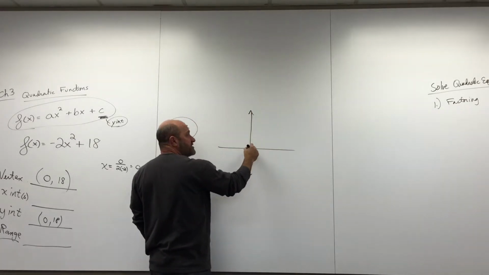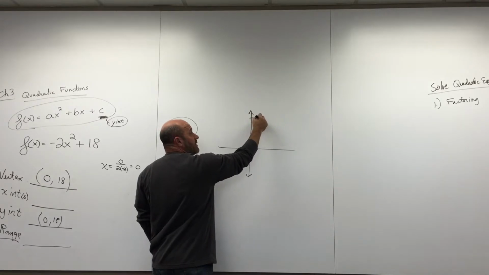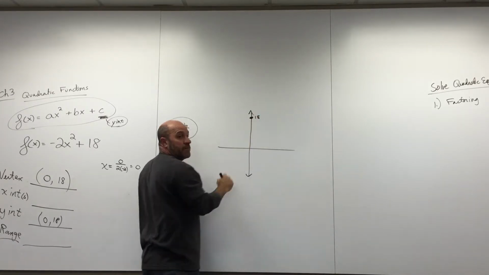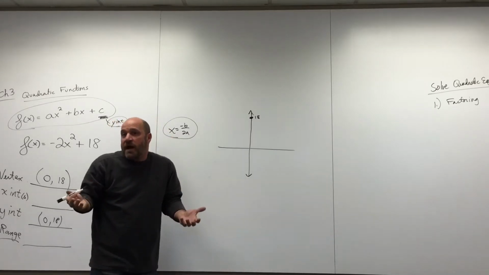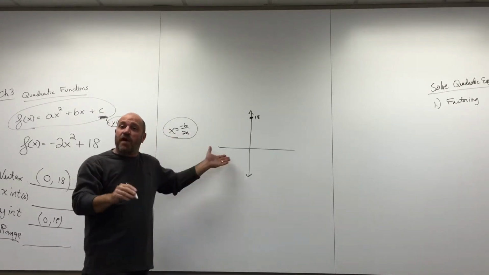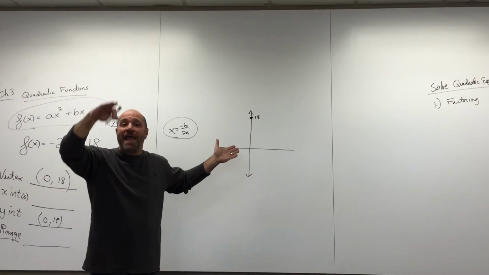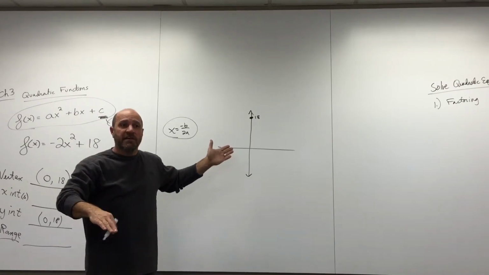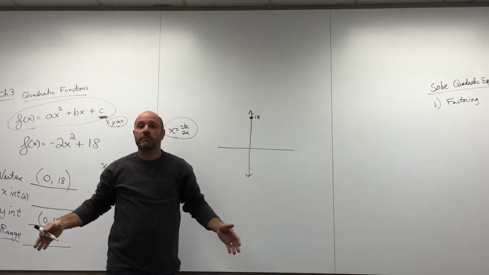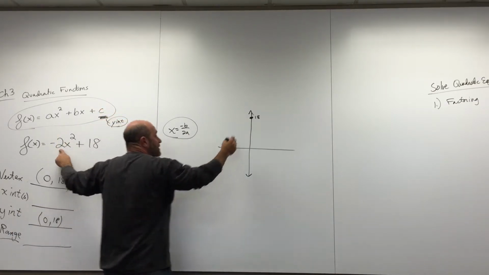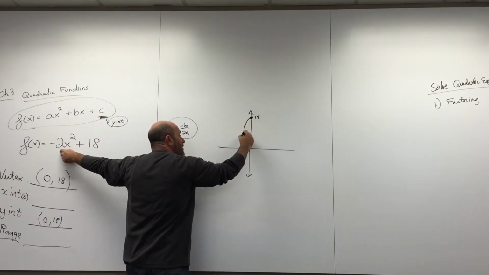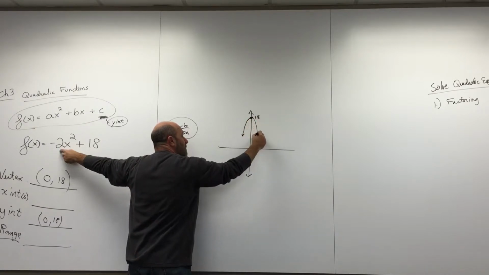It's up here at (0, 18). It just happens that the vertex is the y-intercept because this parabola lives on the y-axis. Does it open up or down? It opens down, and you kind of know that it's a little skinny.